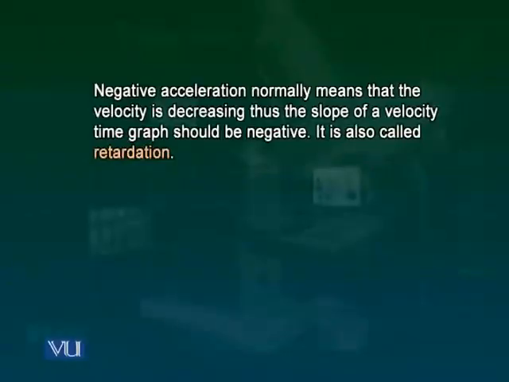Now, in case of a negative acceleration, a sloping downwards curve, it tells us, because acceleration is also a vector quantity, a negative acceleration means that it is opposite to the direction of initial velocity.